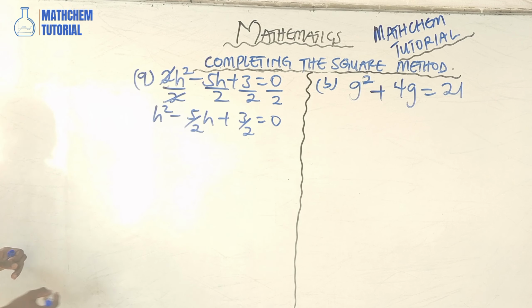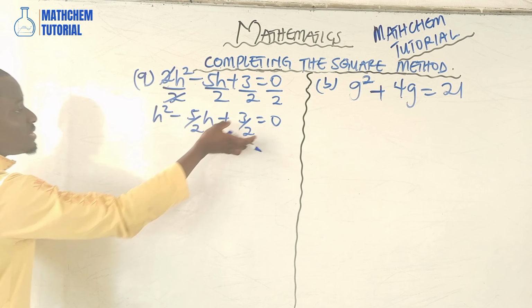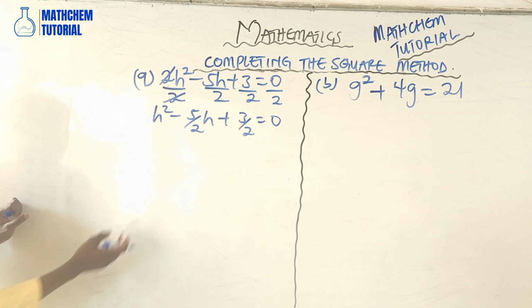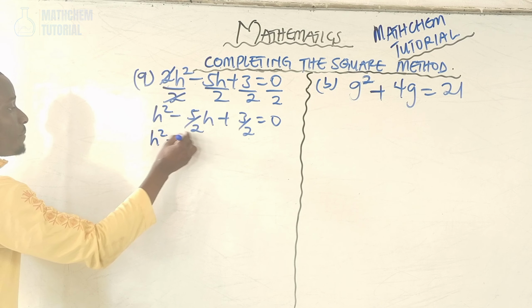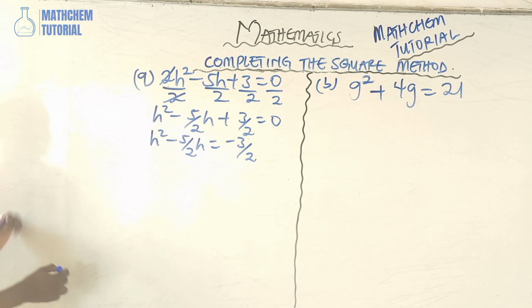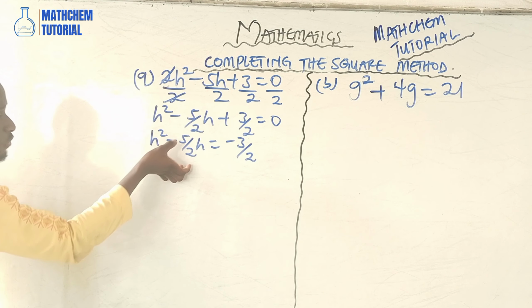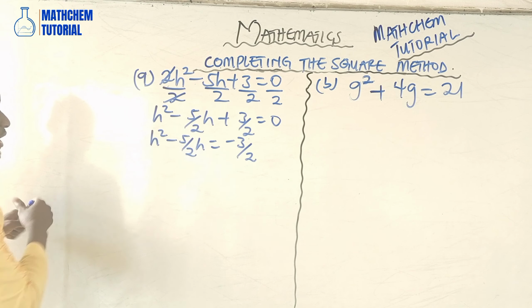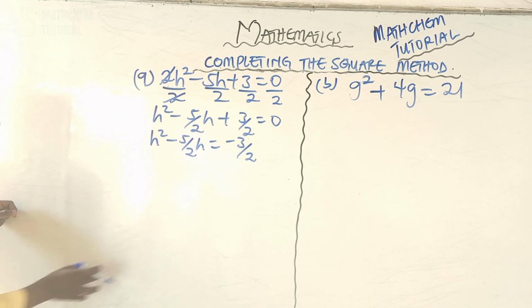The next step is that you are going to allow this constant to go to this side by collecting your like terms, saying h² - (5/2)h = -3/2. Now the next thing you are going to do is take half of the coefficient of h. The coefficient of h is -5/2.